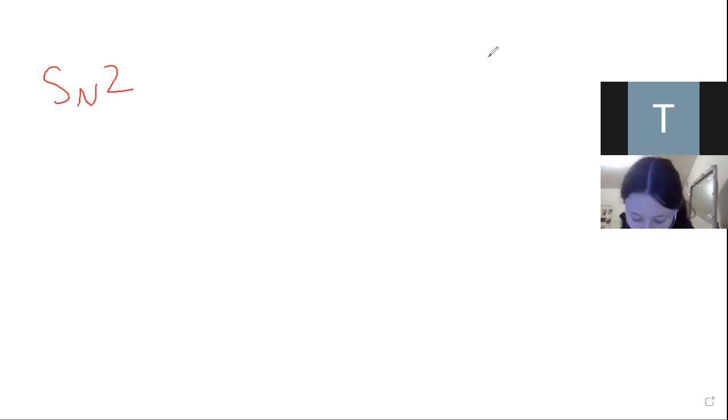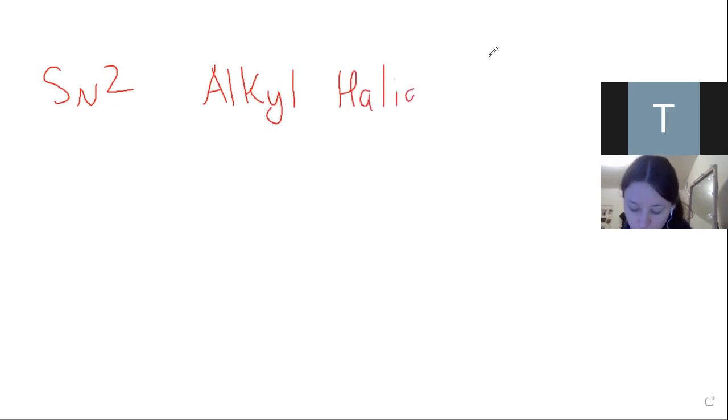So the most common type of substrate that you are going to most often see, and what Dr. Dewis has shown you, is something called an alkyl halide. An alkyl halide is just an alkane functional group with a halogen.